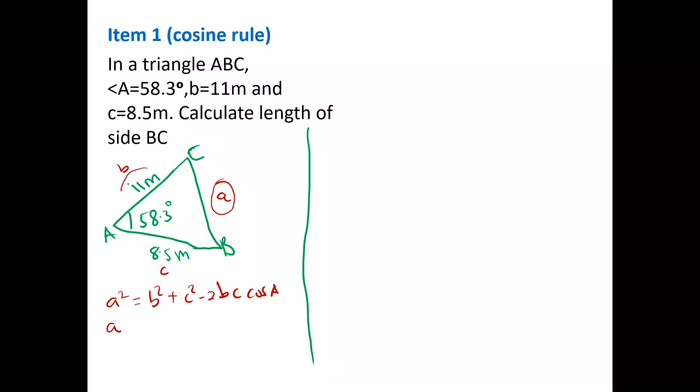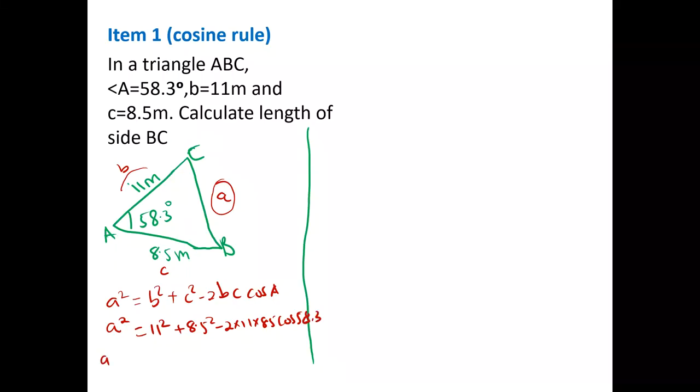So I shall have A squared is equal to B squared, which is 11 squared, plus C squared, which is 8.5 squared, minus 2 times 11 times 8.5, and here cos 58.3.